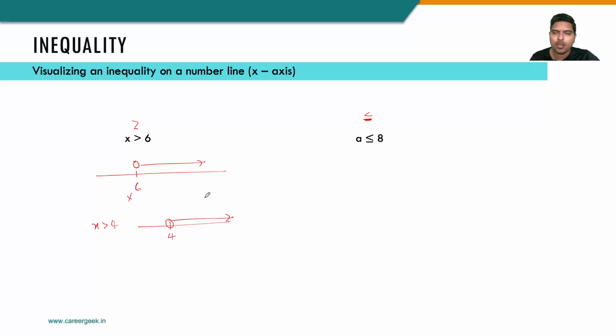If you don't want to include that particular value, but you want to start from that value, you put an empty circle. Now, when you want to include it, here a is less than or equal to 8. If it is less than, it would be like this, but if it is equal to, you make it a solid circle, and you are including that value. That is how it is generally represented when a value is included or excluded.